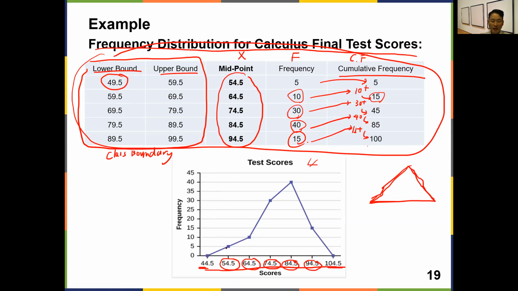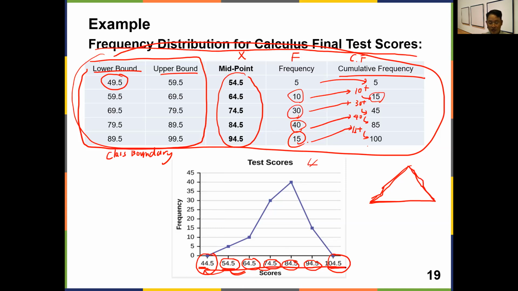The very first number and the very last number, we got just by looking at this pattern, right? You see the difference is all 10. So you figure out the same pattern, then this is just going to be 10 down from here, which is 44.5.